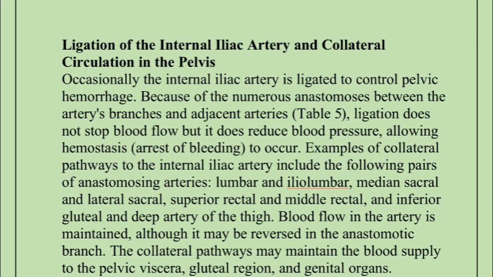The collateral pathways may maintain the blood supply to the pelvic viscera, the gluteal region, and the genital organs, even when there is ligation of any of the branches of the internal iliac artery.